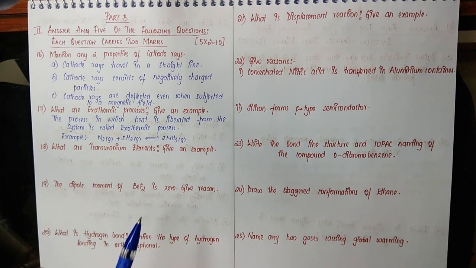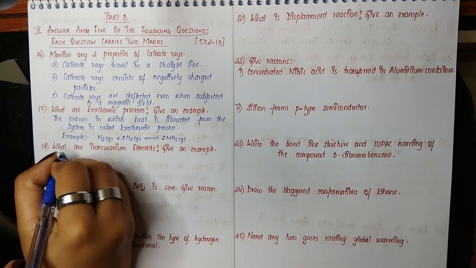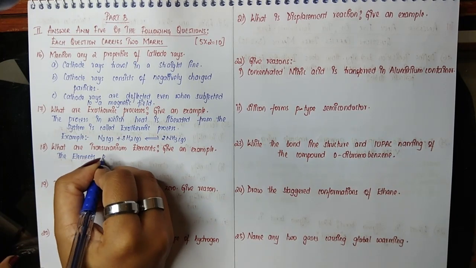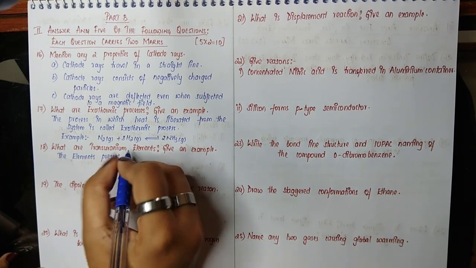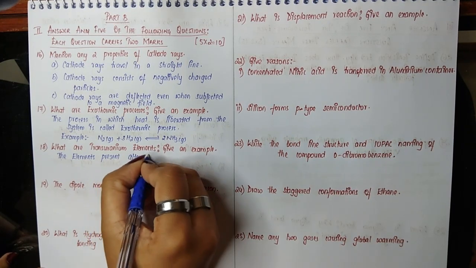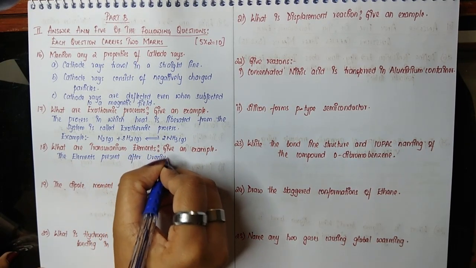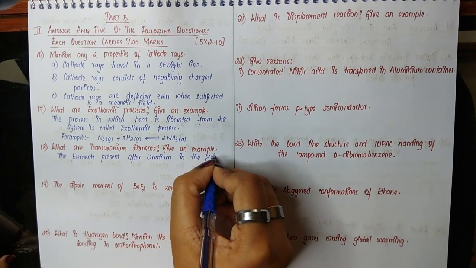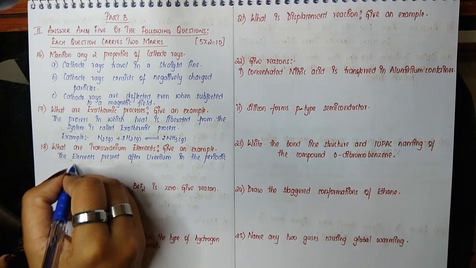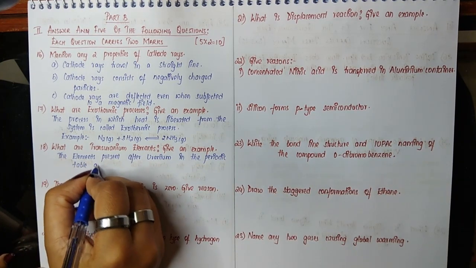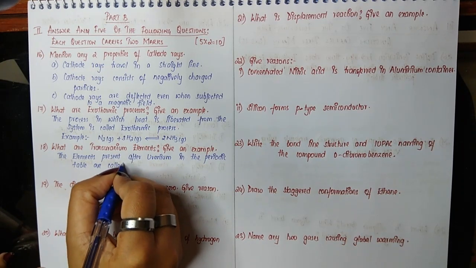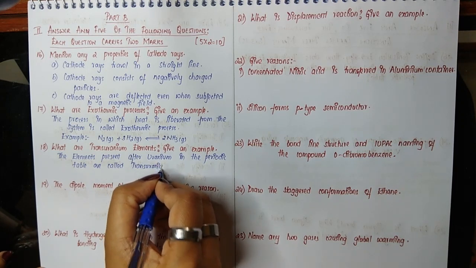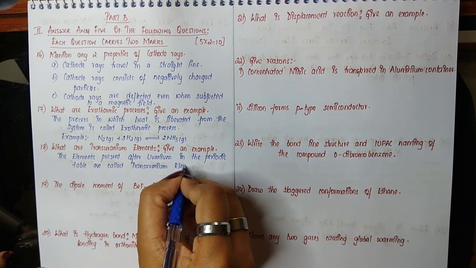So here for this we can write an answer. The elements present after uranium in the periodic table are called transuranium elements.